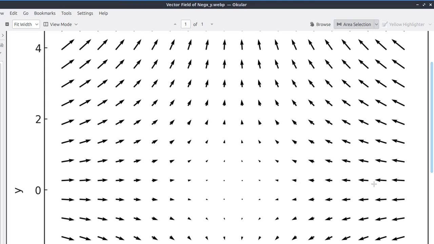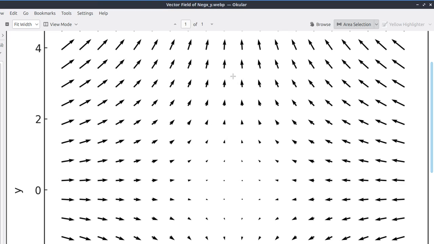As you move outwards, say x is 1, 2, 3, 4, 5, these vectors get longer horizontally because x is increasing, but y remains the same. So they have the same gradient, the same steepness, all of these vectors here. But when you go up now, y gets large, so it's very steep.